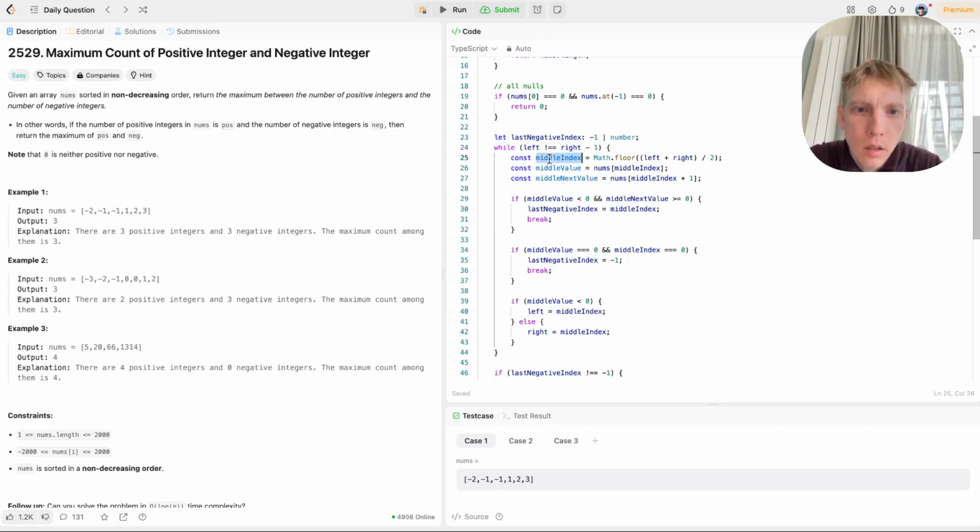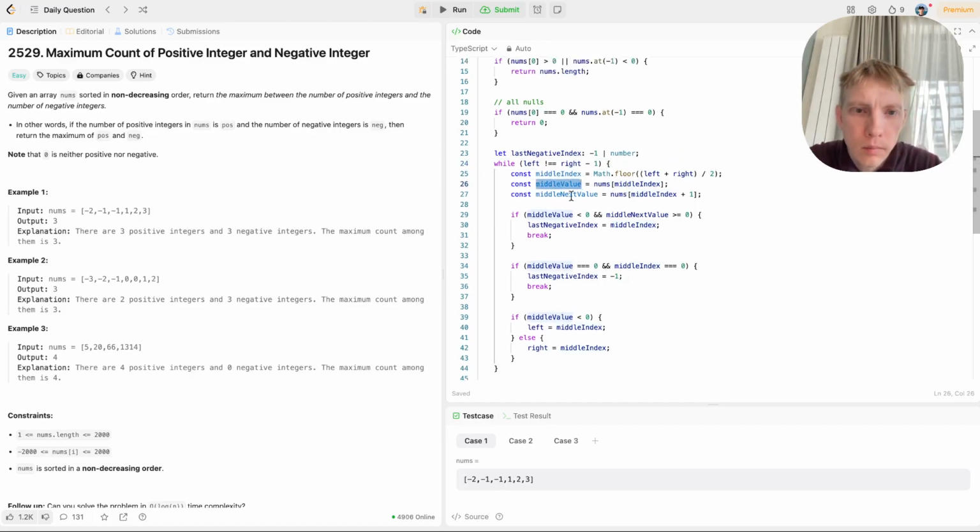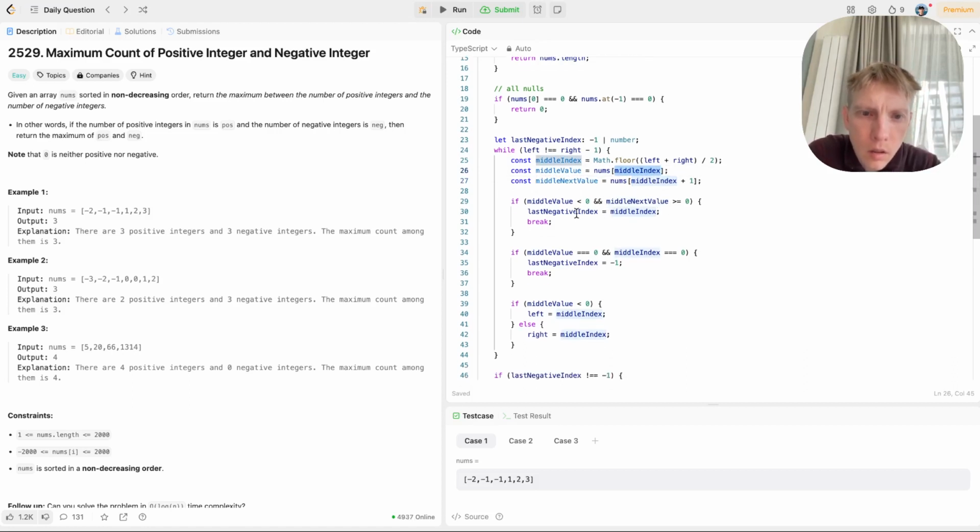Middle index, middle value, middle next value, middle index. Yes, if middle value equals to 0 and middle index equals to 0.